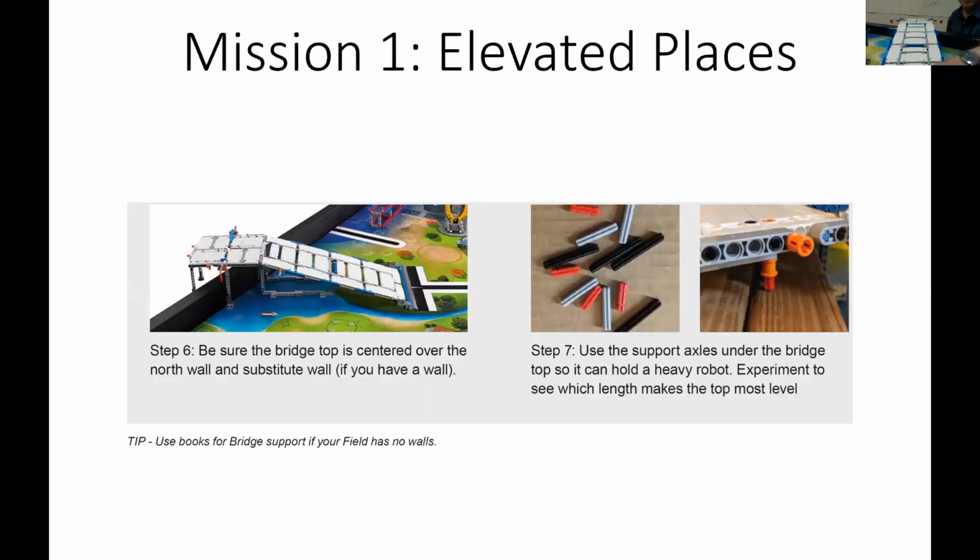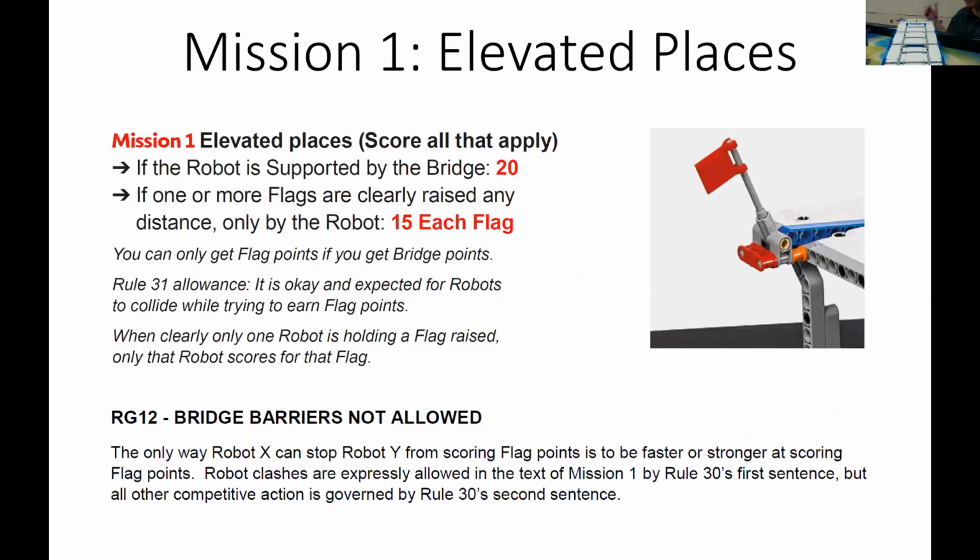Okay. And it mentions here in the setup to center it over the north wall, substitute wall, using the support axles to help support the heavy robot. I found putting little bits of paper in there were helpful. But in competition, it'll be supported on the other side.